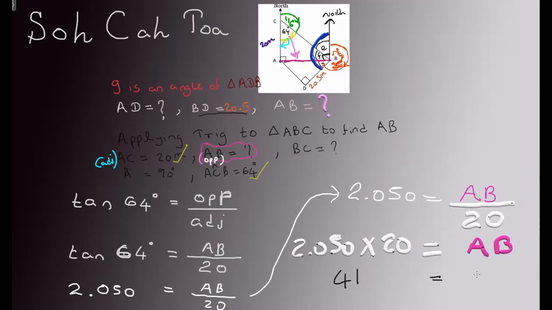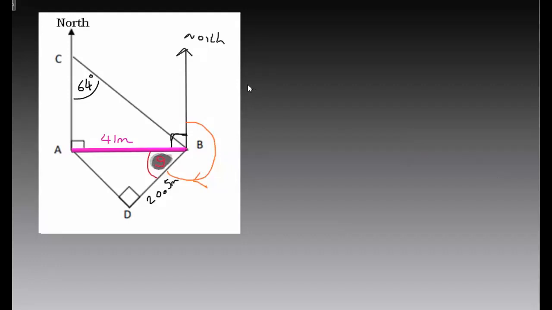So what's AB's length? 41 meters. All right, so now we know AB's length. That was the one which was blocking us from applying trigonometry to triangle ABD to find the angle G's magnitude. But now we have got to know AB's length.